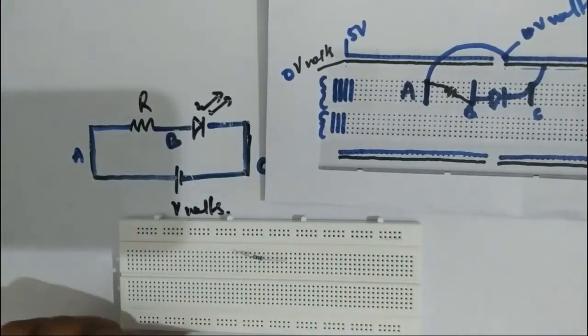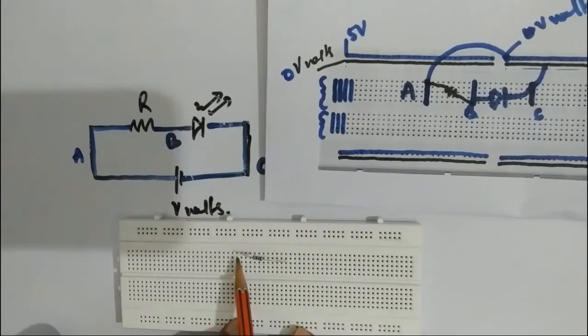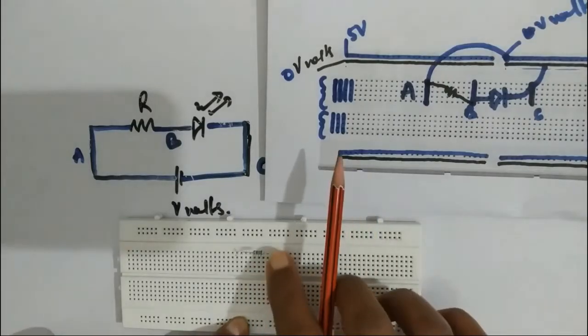Suppose we have connected it in this way. One of the ends of the resistor is connected over here and the other is connected over here. You can see, like this we have connected it.